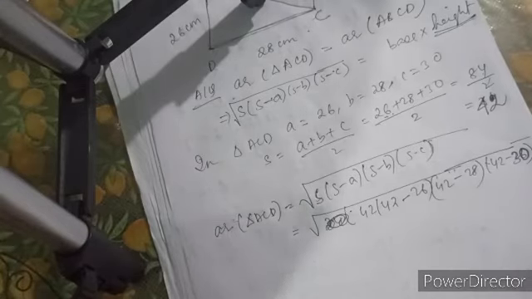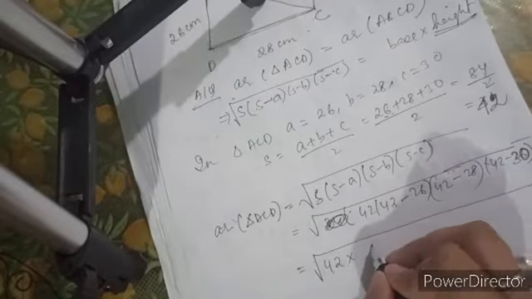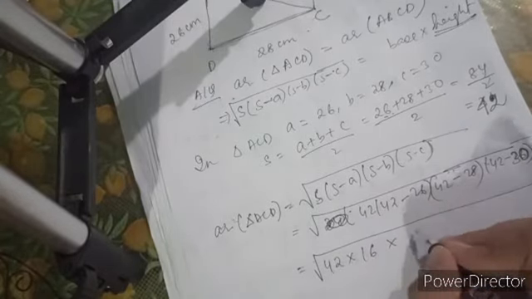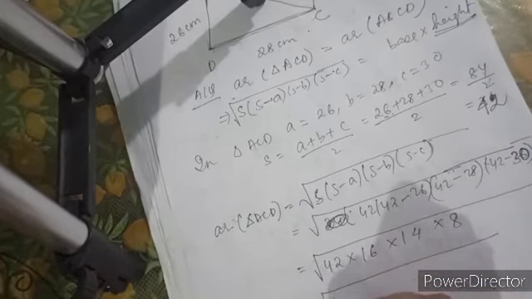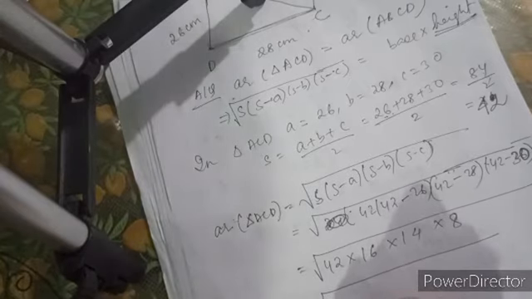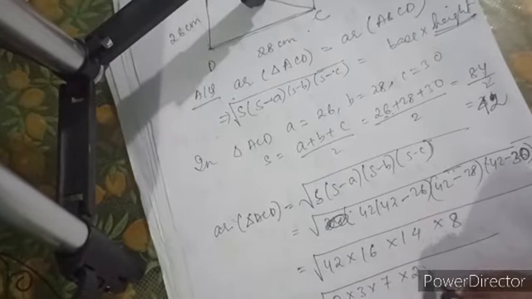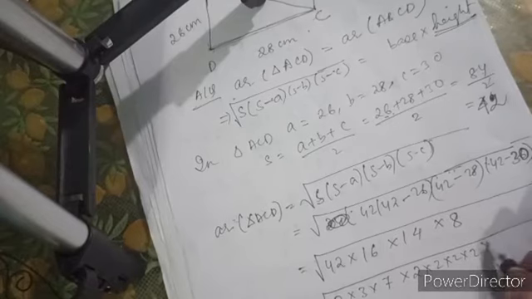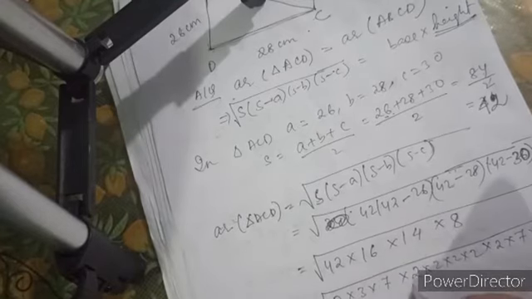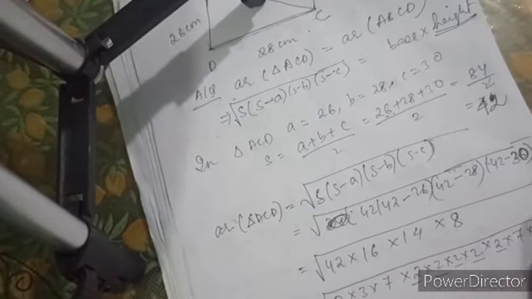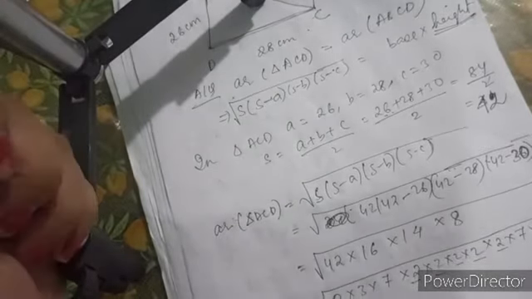Okay, so 42 is 2 into 3 into 7, 16 is 2 into 2 into 2 into 2, 14 is 2 into 7, then here 3, 2.